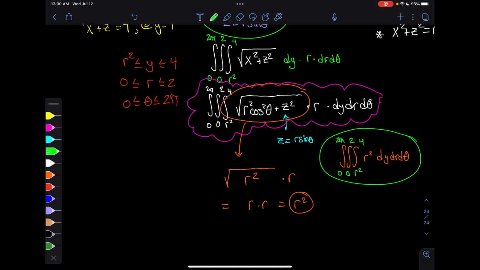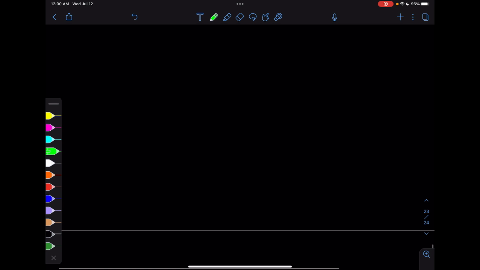So I want to go on to one more example, which looks something like this. It looks a little crazy, but the idea is that you might be given something that is already in x, y, and z coordinates. So for us, it's going to be -2 to 2.